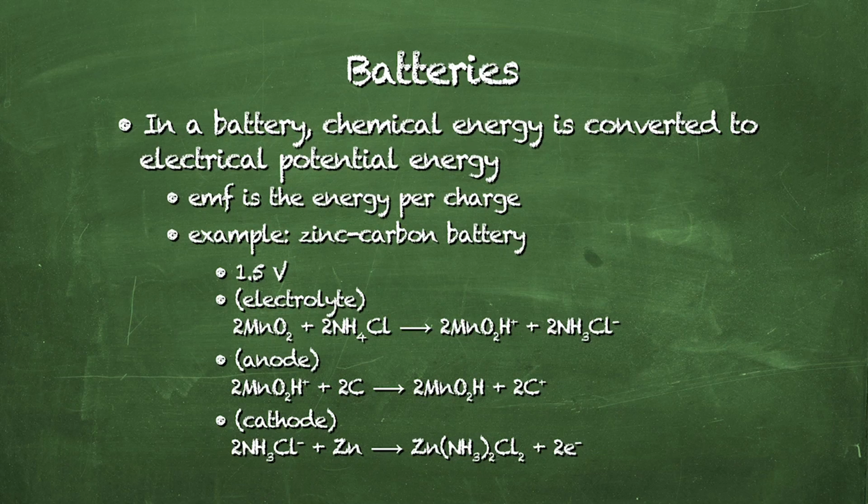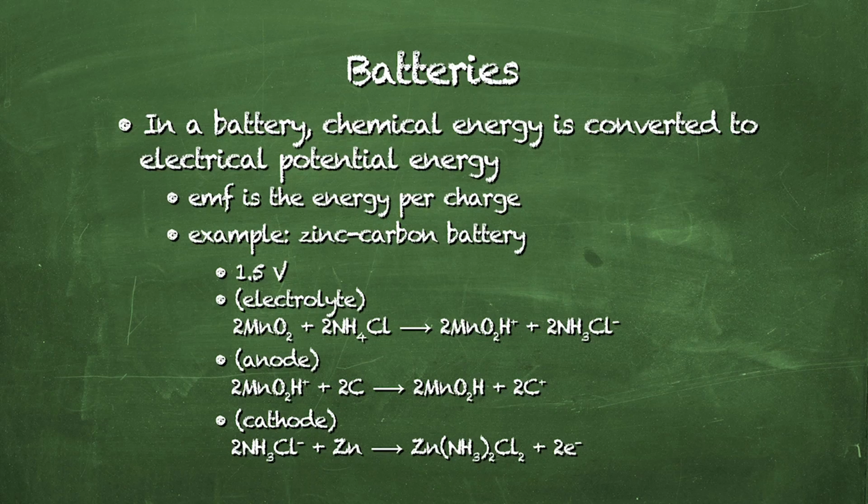In the electrolyte, we have this reaction where two chemicals are mixed and result in one positive ion and one negative ion. The positive ion reacts with the anode, in effect taking two electrons from the anode, or leaving the anode positively charged.